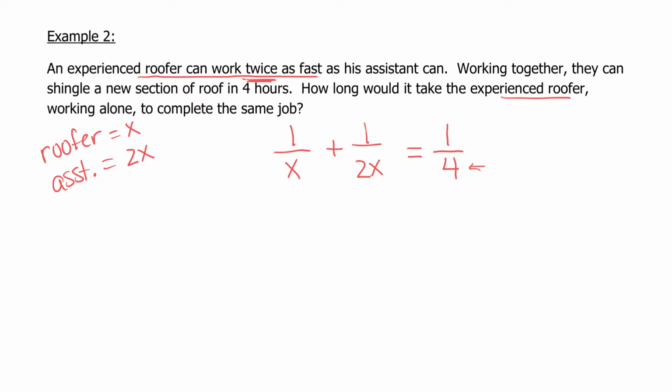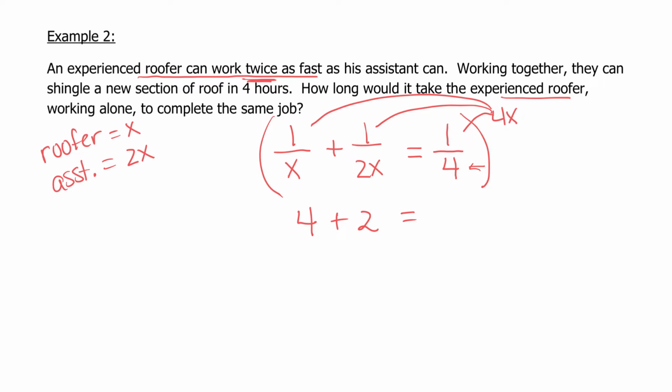The least common denominator would be 4x, and so let's go ahead and distribute that through. This would cancel off the x, so you just have to multiply by 4, so that would just be 4. Here, 2 goes into 4 2 times, x cancels, 2 times 1 is 2.